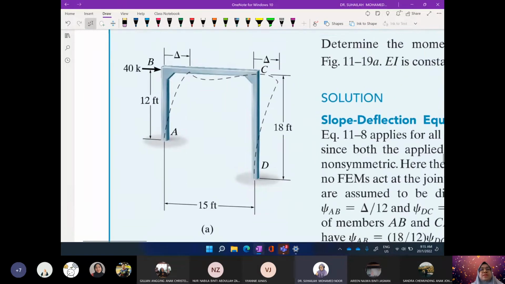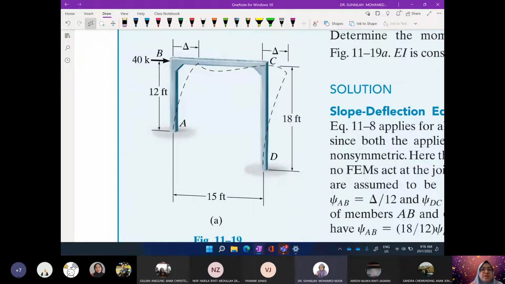Again, this is a frame with side sway as well. In this frame, we can find that it is not symmetry, of course, because the loading is not symmetry, and the geometry is also not symmetry, because this is 12, this is 18.